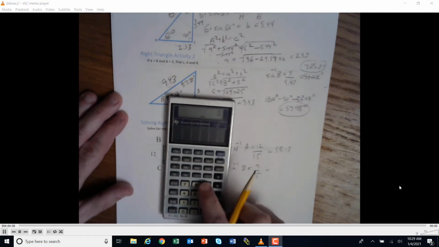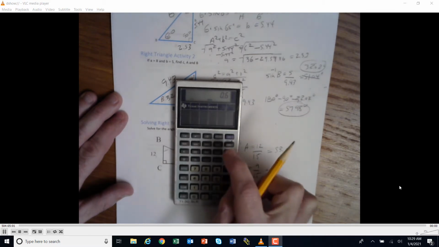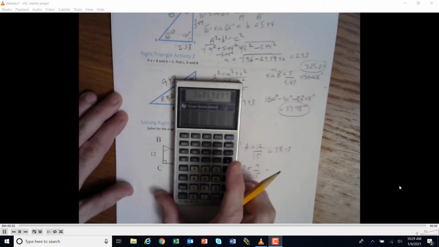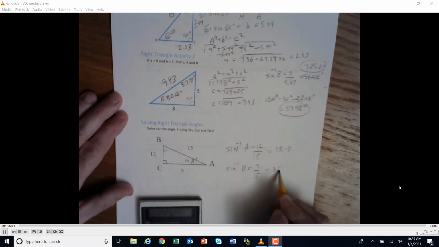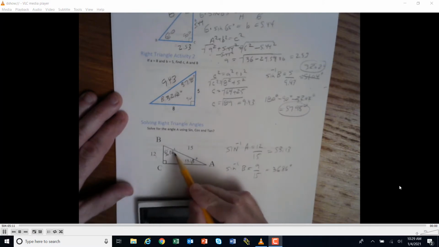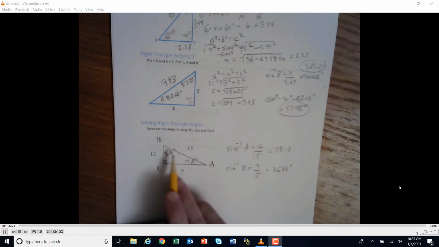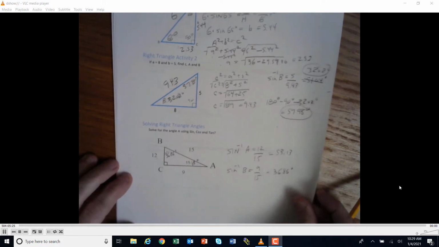So if I go 9 divided by 15 and use second function sine, I get 36.86 degrees. And sure enough, this is 36.86 degrees. These all add up to 180. And if you check these sides, you would find that 9 squared plus 12 squared equals 15 squared. So the Pythagorean theorem would work out for that as well. Okay.